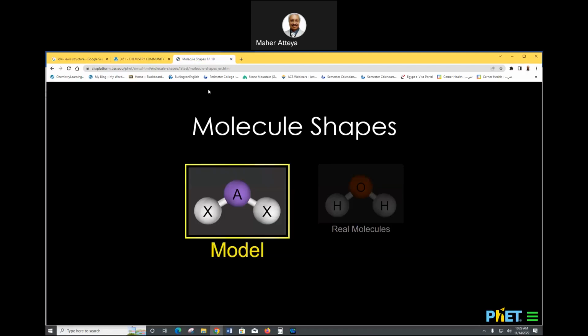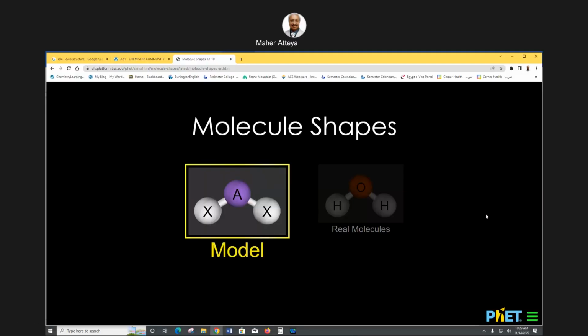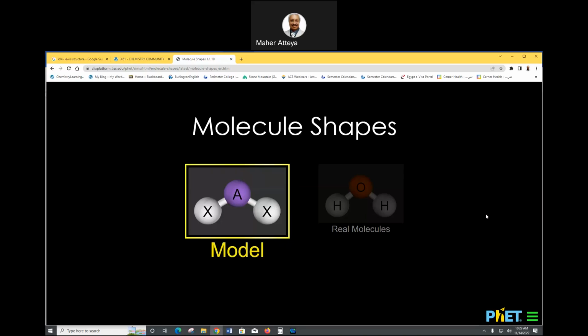I hope it's sharing. Let me stop sharing, just to make sure, because sometimes it does not share the one I need. Okay, it does share. So this is a real model, and this is just a model, and this is the real model.